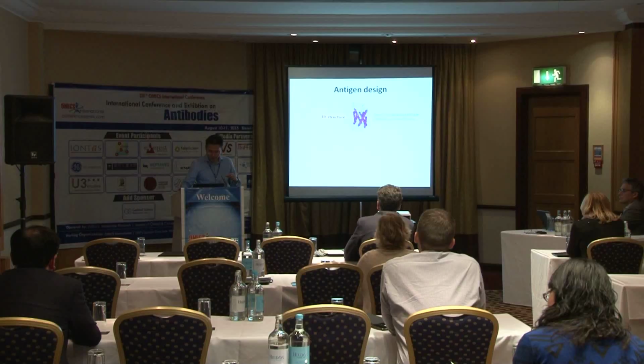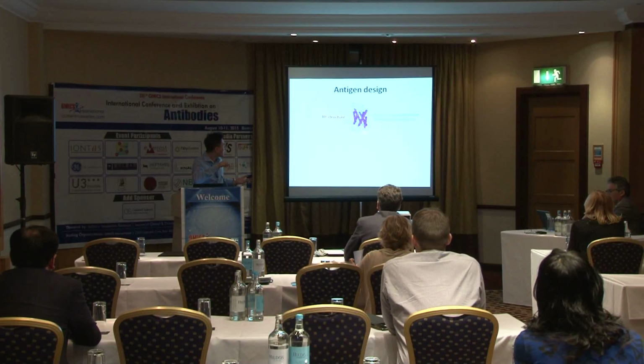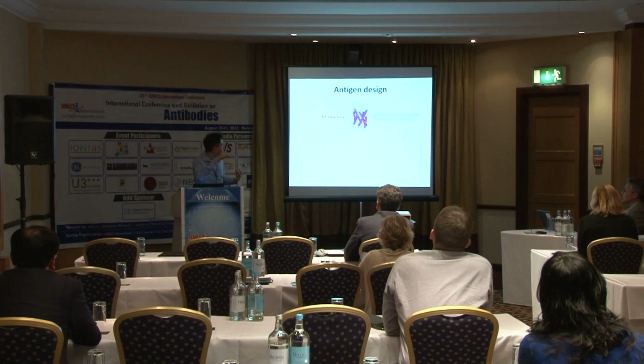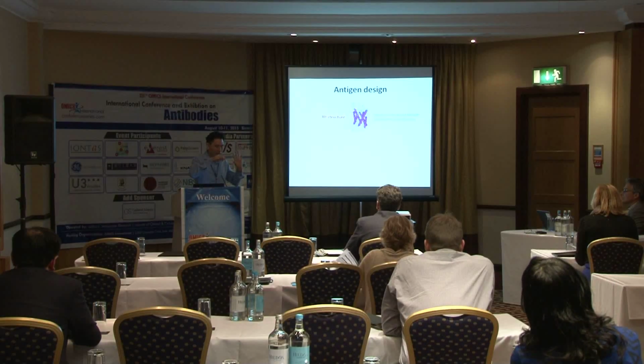If you have a 3D structure, for some proteins that already have one, it might help you visualize where you would like to have your epitope. But again, this will work if your downstream application is like ELISA or native immunohistochemistry.